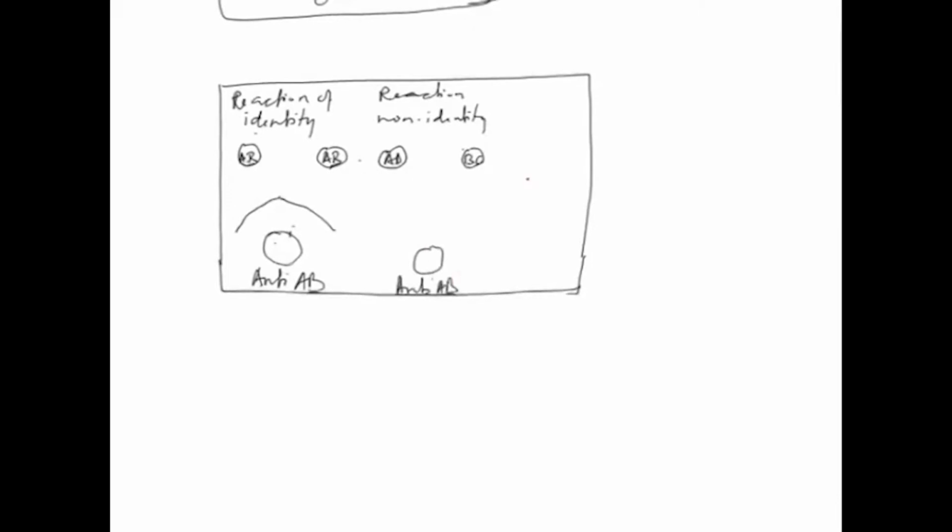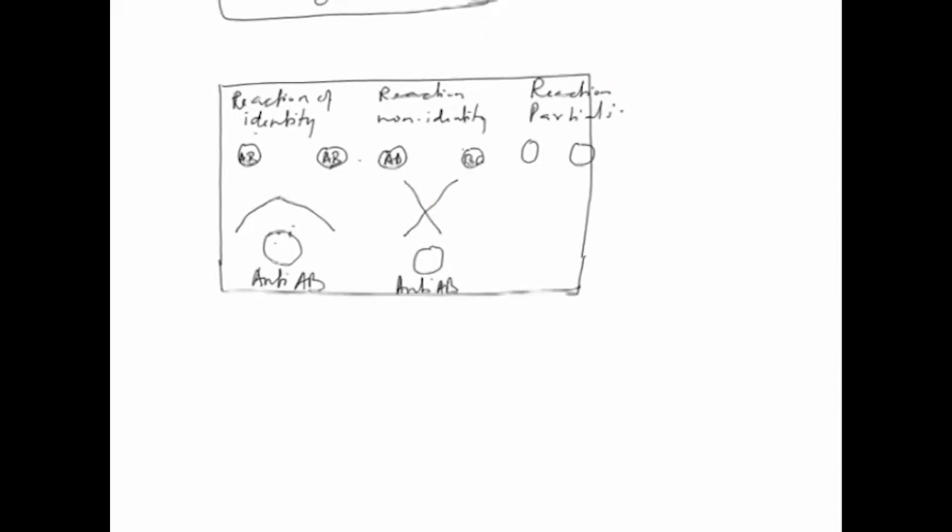So, you do not have a common antigenic determinant. What will be the result? You will find a pattern which crosses each other, they are not identical. And the third case could be partial identity, the reaction of partial identity.